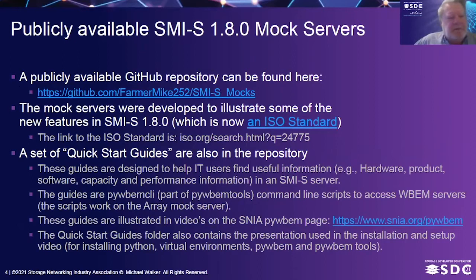To assist folks that might be interested in working with mock servers, I've created a public GitHub repository of SMI-S 1.8.0 mock servers. It can be found on the following link: github.com/farmermike252/SMIS_mocks.